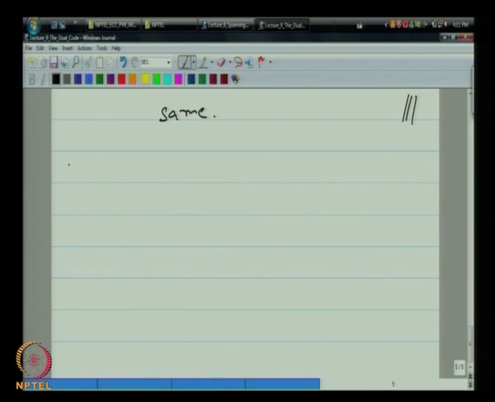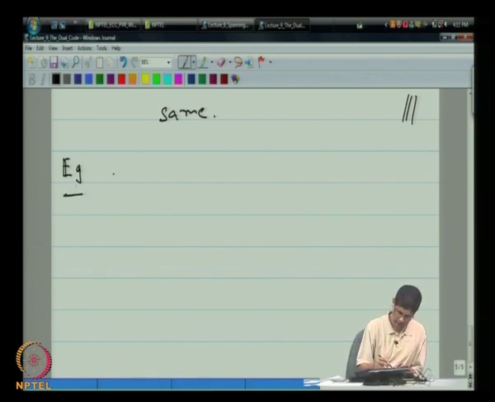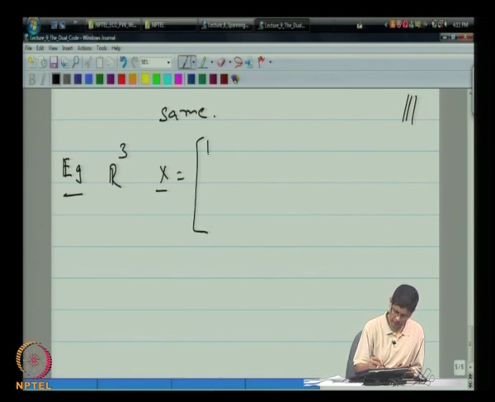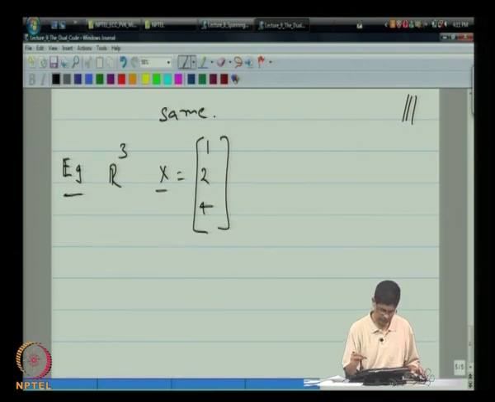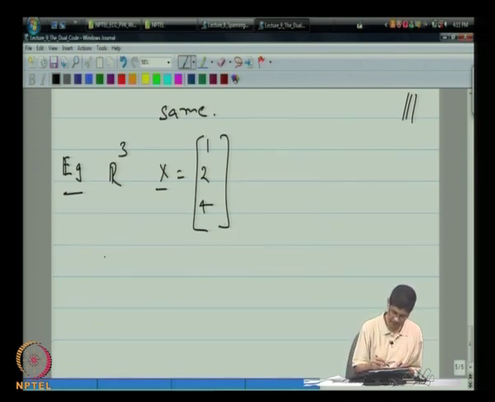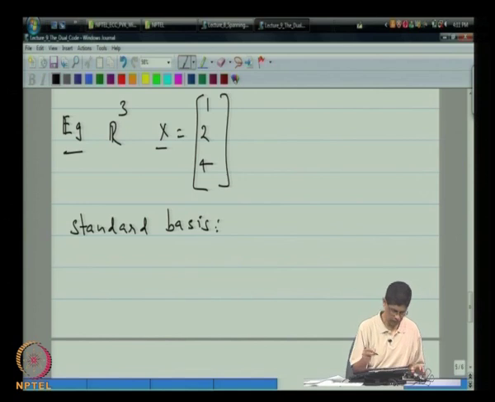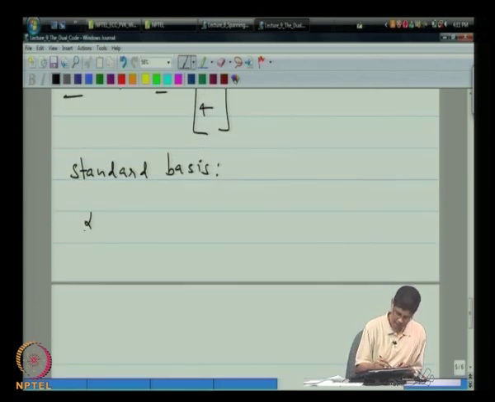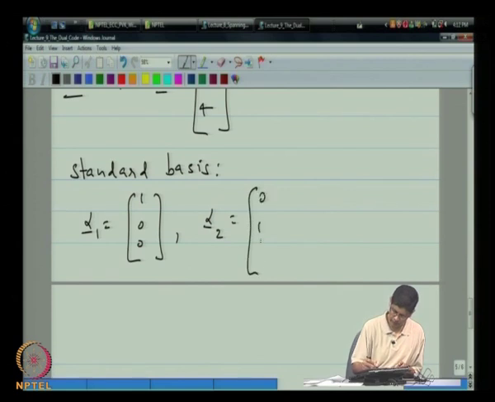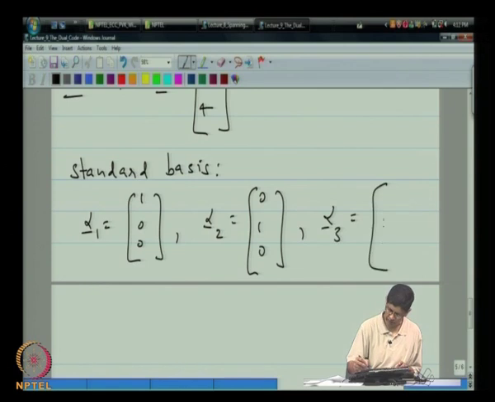Let us take a quick example. Supposing you are in 3-dimensional space and you are looking at the vector 1, 2, 4, let us say, then we know that there is only one way, and let us say that your basis is the standard basis, which is that alpha 1 is 1 0 0, alpha 2 is 0 1 0, alpha 3 is 0 0 1. Okay, so this is your basis.